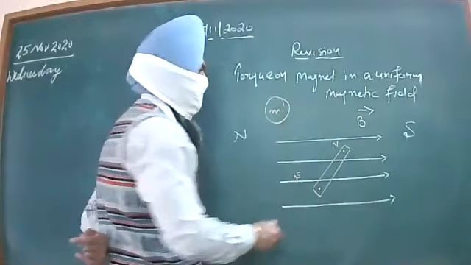Pole strength into magnetic field will give you the magnetic force acting on either pole. It will be equal to m into B, and on the same lines, this south pole will be attracted by this north polarity. It will be equal to m into B, but over here the direction is opposite to that in the previous case.